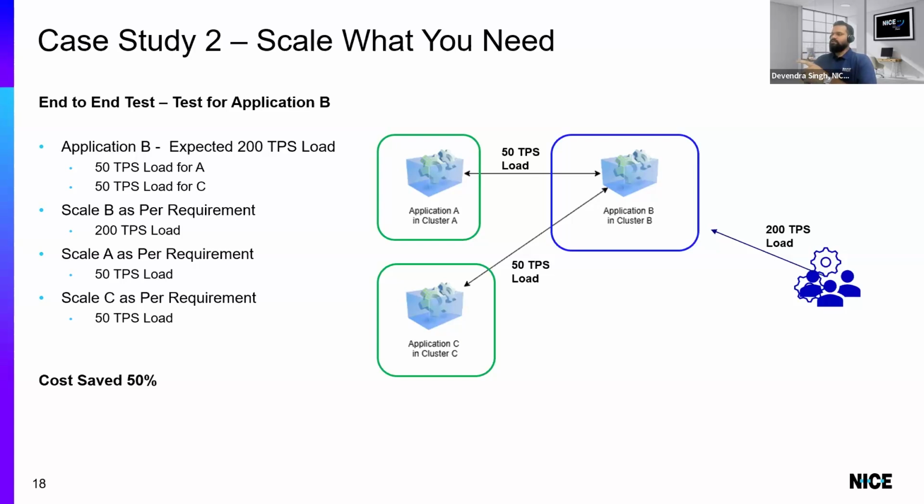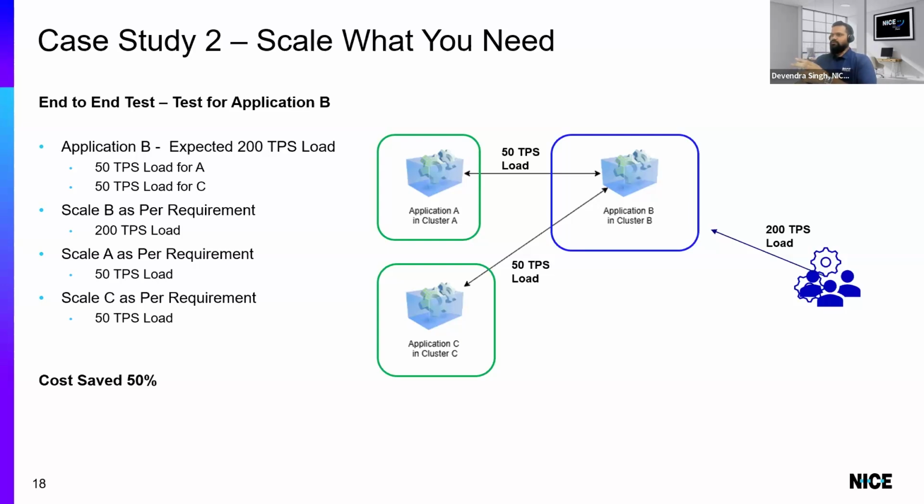And as a result, we will save 50% cost in comparison to scaling everything at 200 TPS. Because if I consider this in terms of units, suppose B consumes 200 units of resources per hour. If we have scaled everything, it will be 600 units consumed in 1 hour. But in this case, if we scale 200, 50 and 50, it will be only 300 units consumed in an hour.